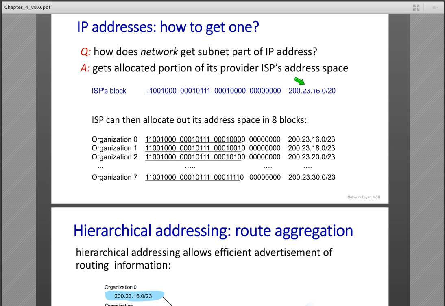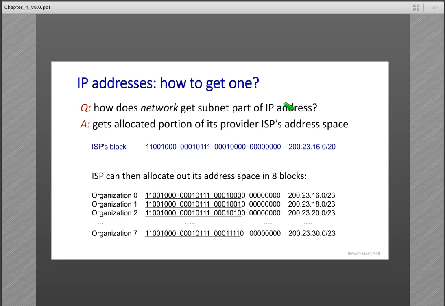How can I do this? So the question is this: I have a specific range of IP addresses, and now I want to split this range between some networks. How can I do this? It's really simple. You just need to be clear about something special here.